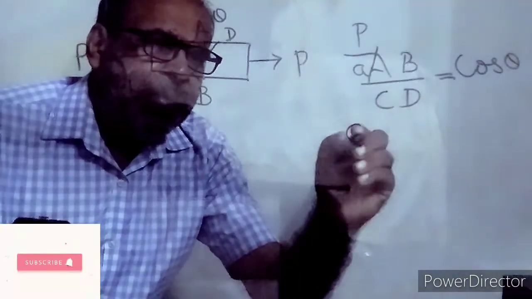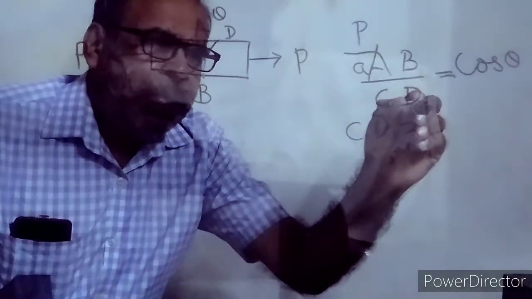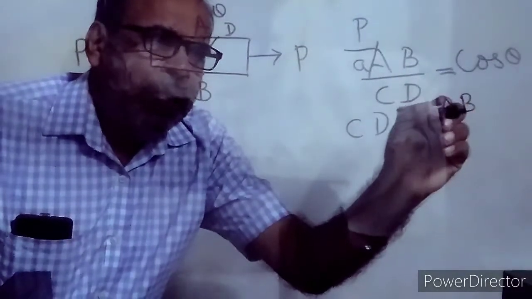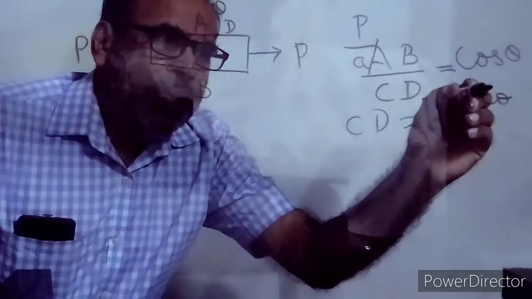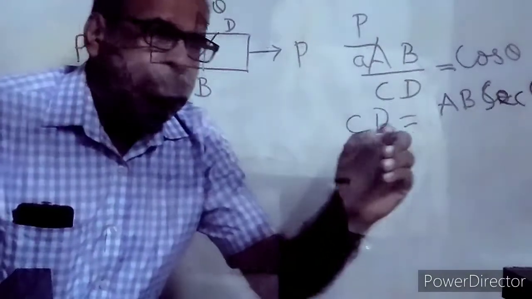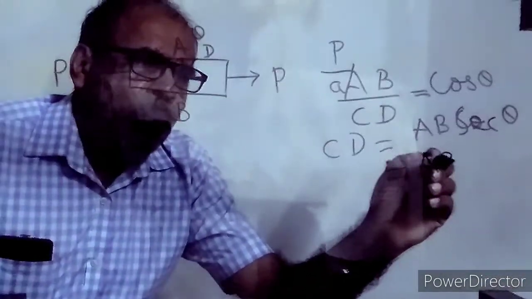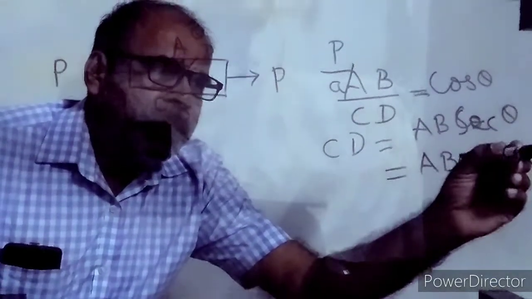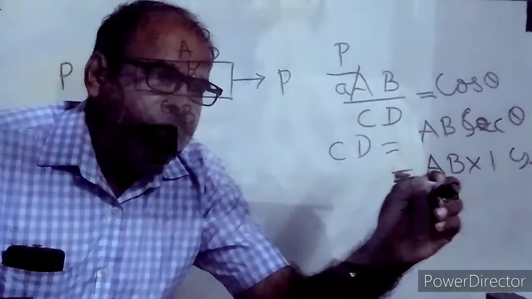Then CD equals AB by cos theta, which is AB secant theta, equal to AB into 1 into secant theta, which is equal to A secant theta.